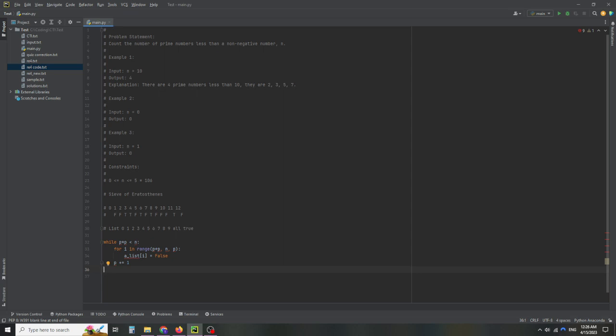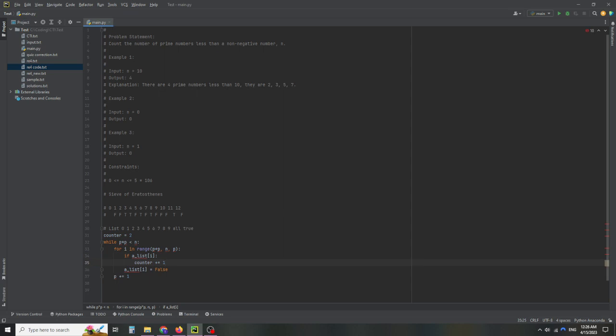And in order for me to count it, I don't need another loop. I can just use some kind of counter starting at 2, because I already know 0 and 1 are not primes. And if the list of i is true, then I'm going to do counter plus equals 1.